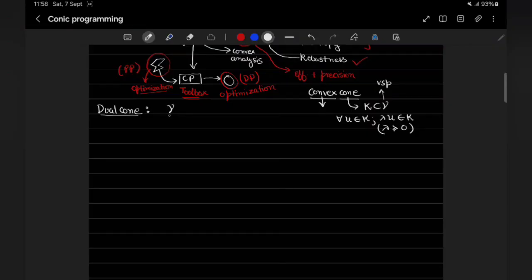Given a vector space V, we have a dual space V star, and this V star contains all the functionals that map V to the real numbers. Here the underlying field I am taking to be real because that is what we will be needing in the entire discussion.